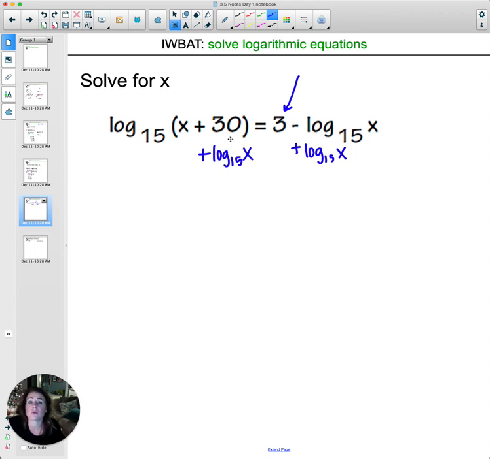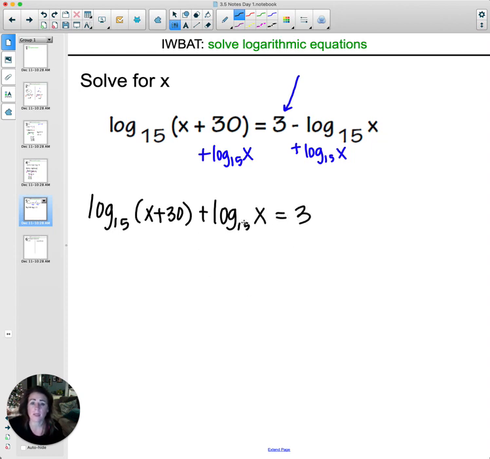Now you can't just add these together, so you're going to have to use a rule to get those together. You're just going to write log base 15 of x plus 30 plus log base 15 of x equals 3. Then remember, the way you bring logarithms together is by multiplying their insides.